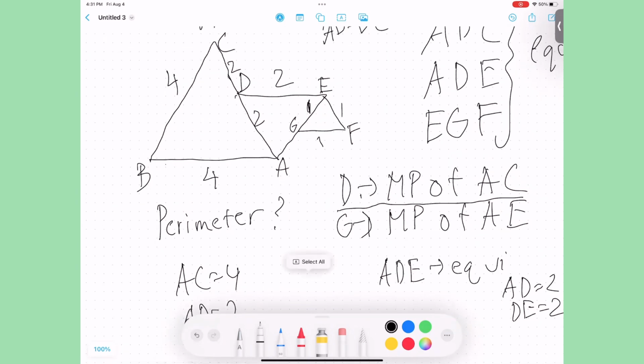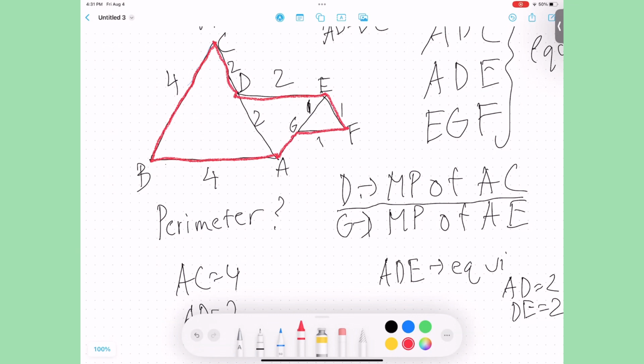For perimeter, you only want this part. You only want this part.